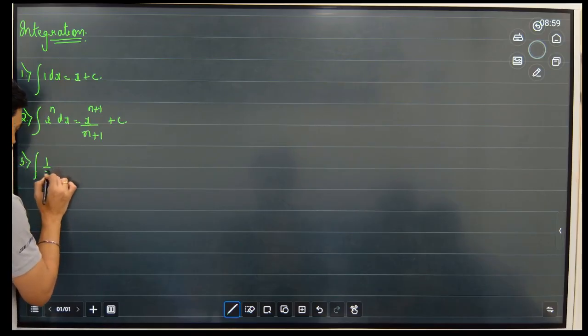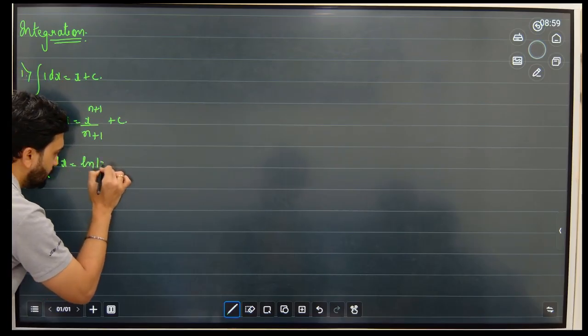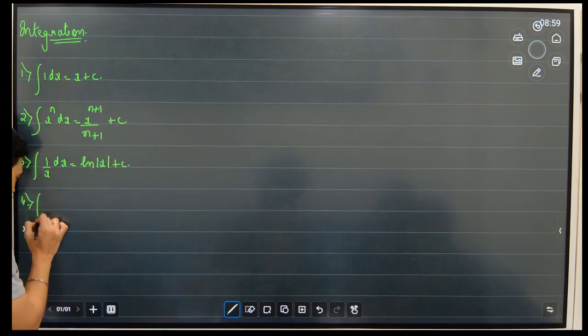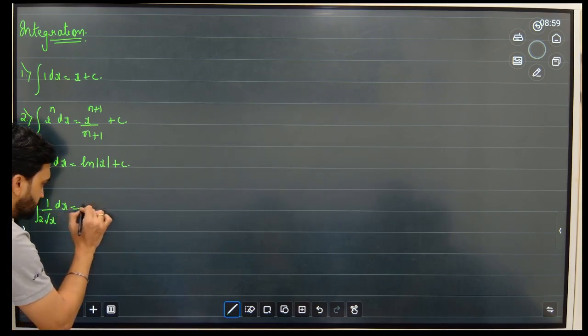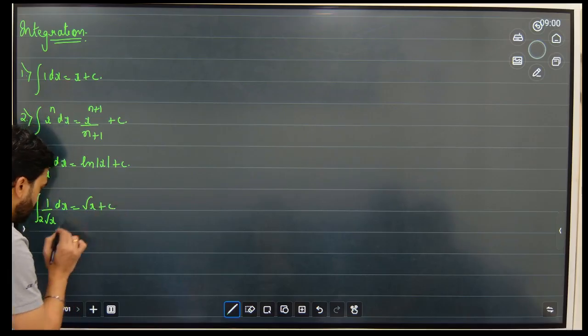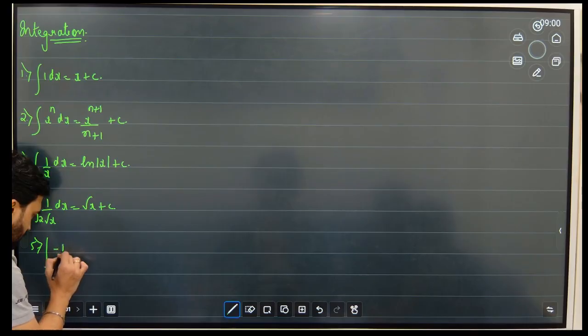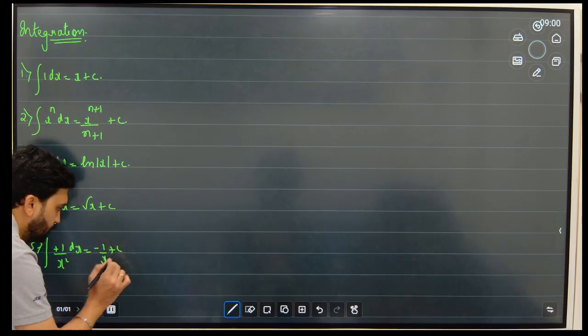Integration of 1 by x dx is equal to ln mod x plus c. Integration of 1 upon 2 root x dx is equal to root x plus c. Integration of 1 by x square dx is equal to minus 1 by x plus c.